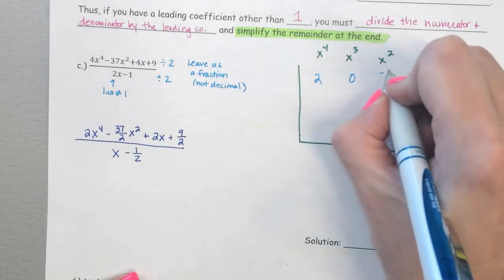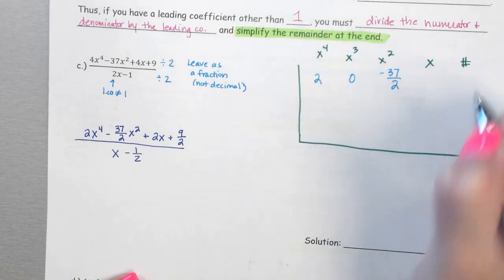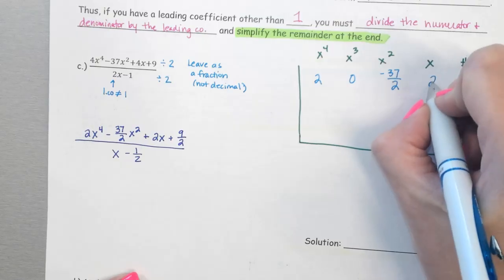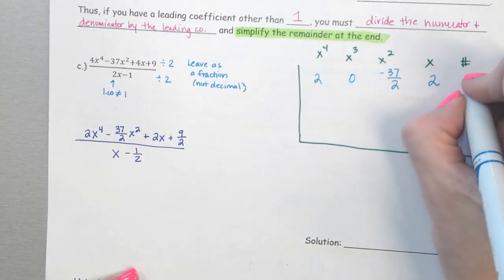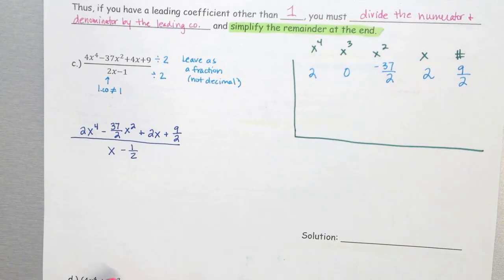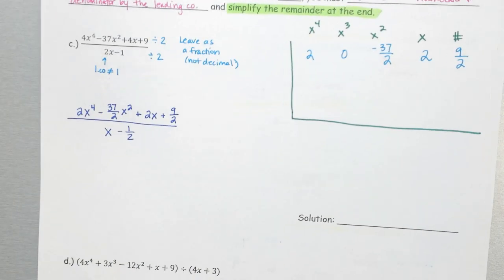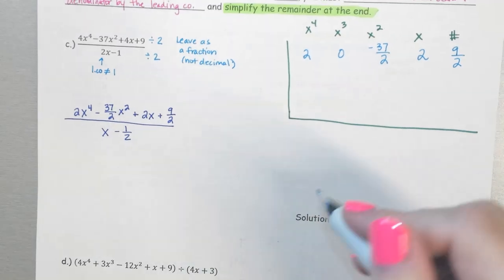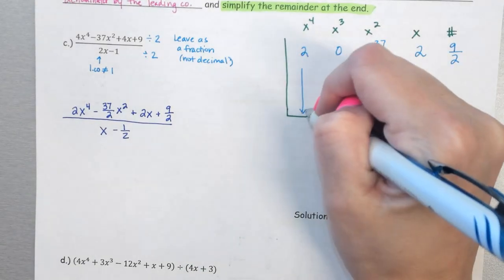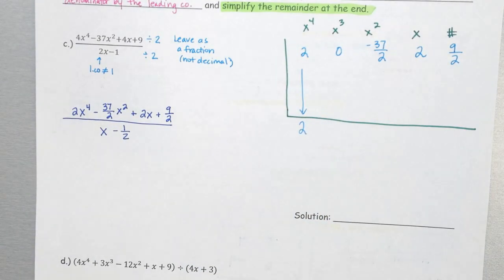For x squared, you have negative 37 over 2. For x, 2, and you have a constant. If you were even missing a constant, you would have to put a placeholder in. And then this 2 always drops down first. I try to do that first because sometimes people want to multiply right away because you're used to that.